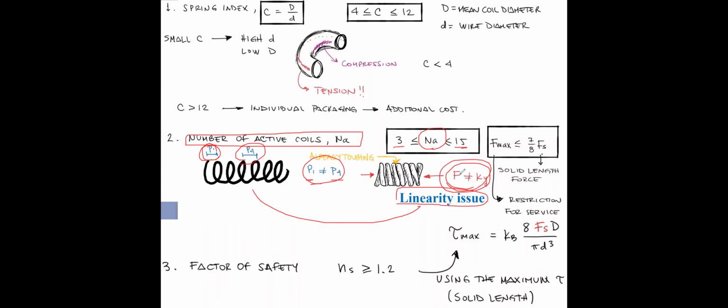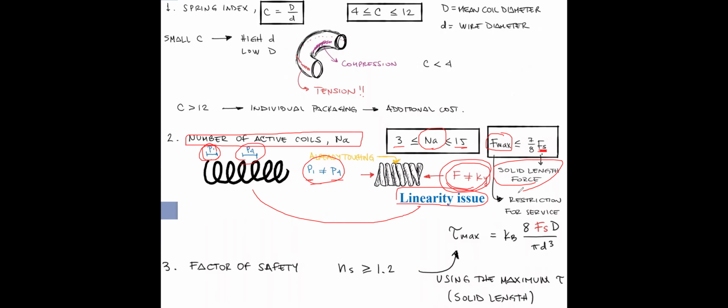Usually we define the maximum force applied to the compressive spring as less than 7/8 times the solid length force. Solid length force means we apply the force to a solid spring.